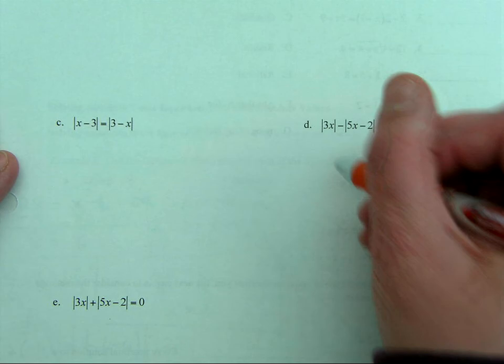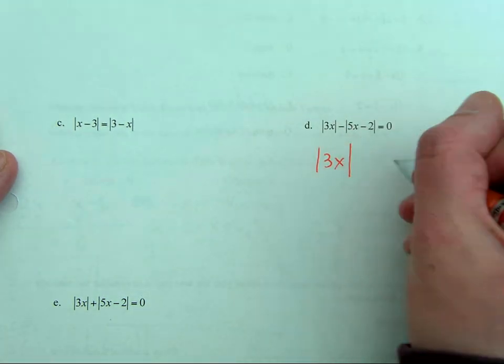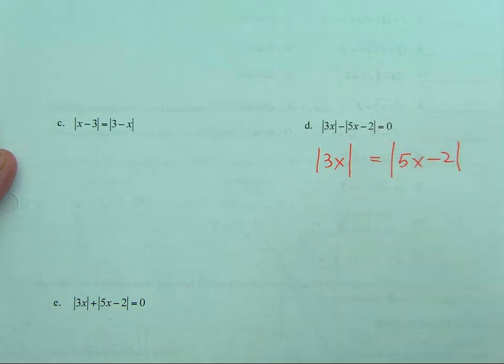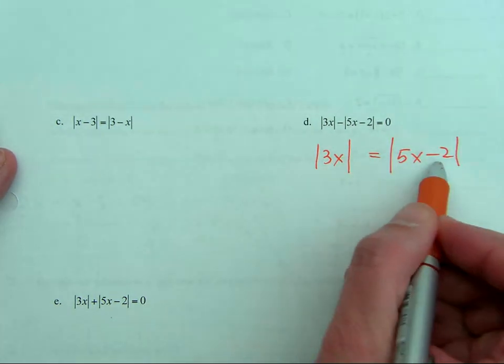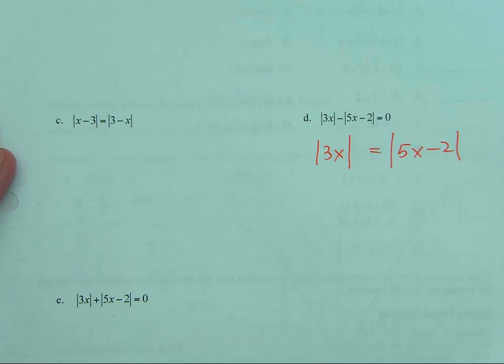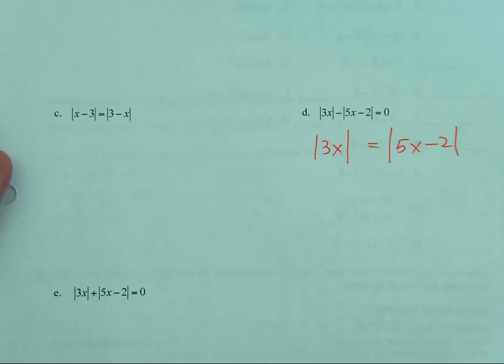I think you should go the absolute value of 3x equals the absolute value of 5x minus 2. What did I do to get that absolute value of 5x minus 2 onto the other side? I added it to the other side. If you were to do the same thing here, you would subtract it. But you still are going to use that same idea.